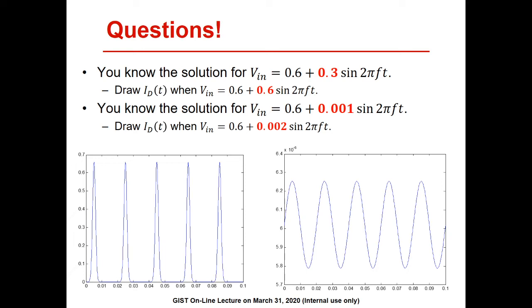The answer for the first question is no. But for the second one, it is yes. It is because a linear relation between the AC input and the AC output is valid for a small amplitude.